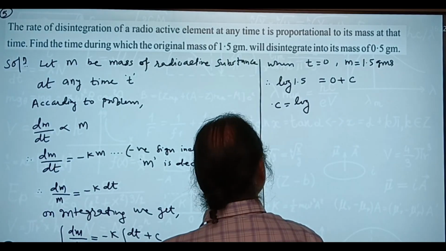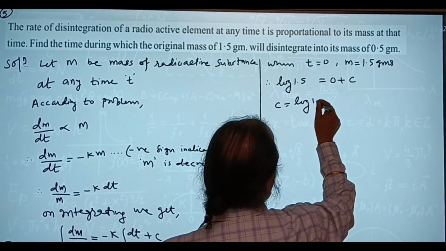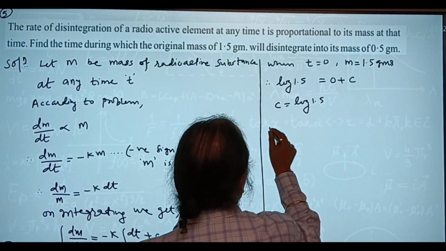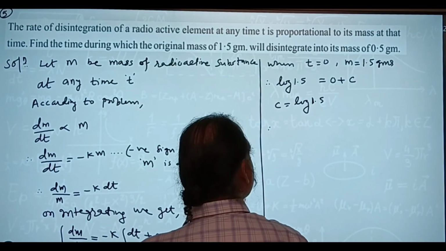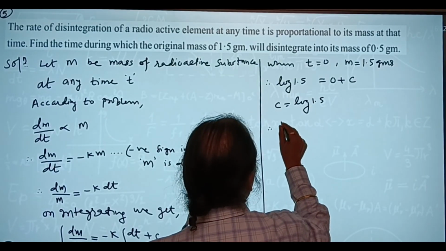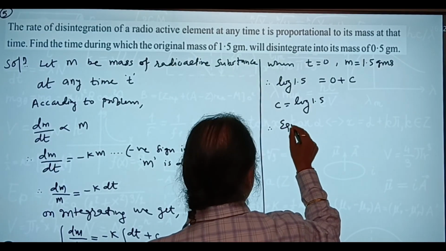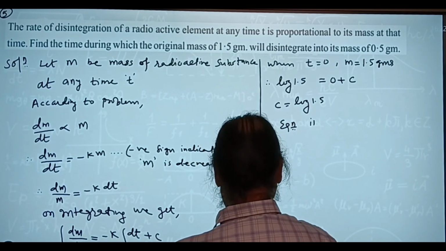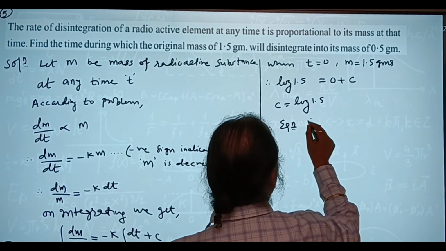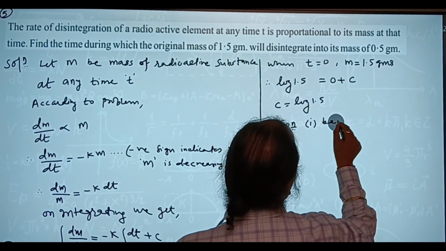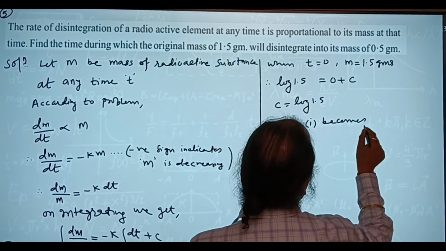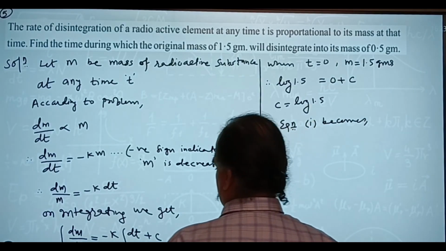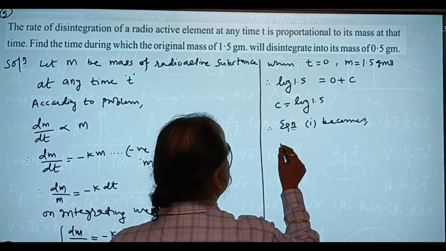Log 1.5. Therefore, equation 1 becomes log m is equal to minus kt plus log 1.5.